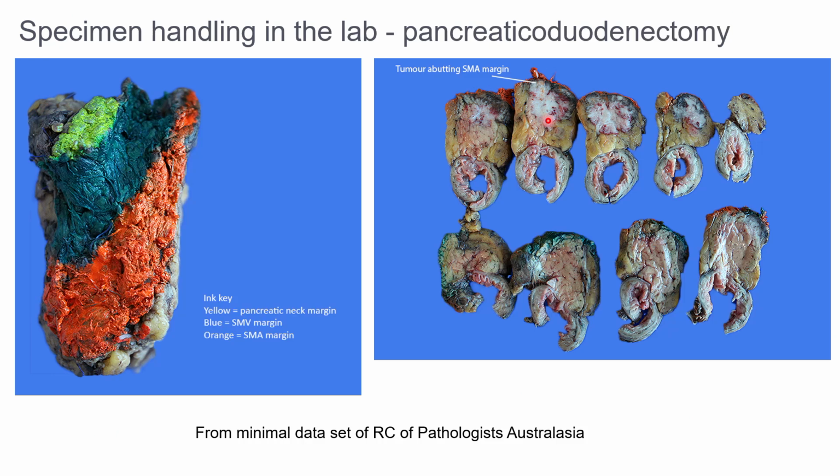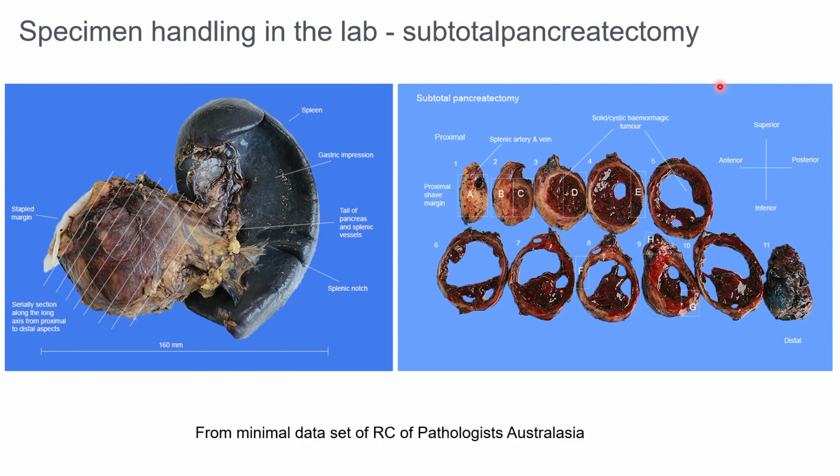Here you can see the tumor almost abutting the superior mesenteric artery margin, so clearly we can take the margins. This is a pancreaticoduodenectomy specimen, and when we take a subtotal pancreatectomy, the most important margins are the anterior, posterior and the resection margins.